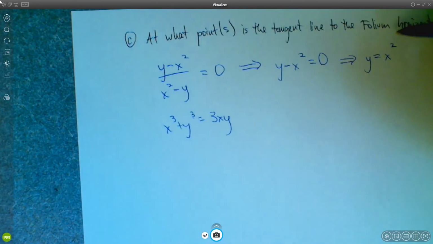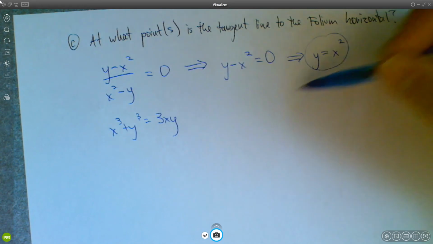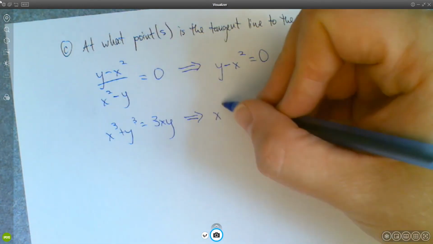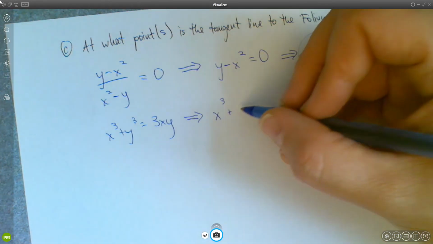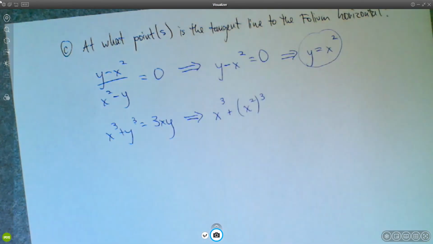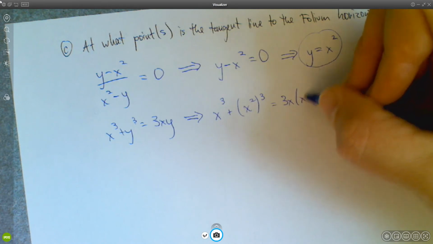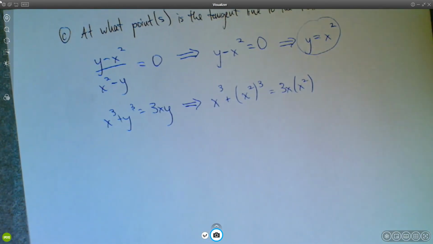Now if we're saying the only places where this thing is 0 is whenever y equals x squared, well, we should plug that into this equation, right? We should say it's going to happen whenever x cubed plus y cubed, y is the same thing as x squared, equals 3xy. So let's see if we can solve this equation now.